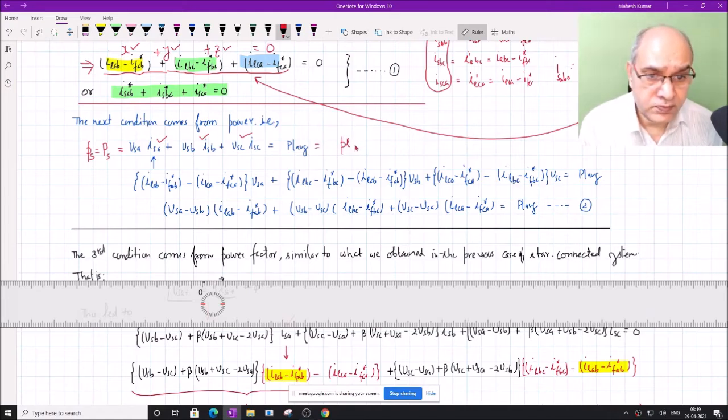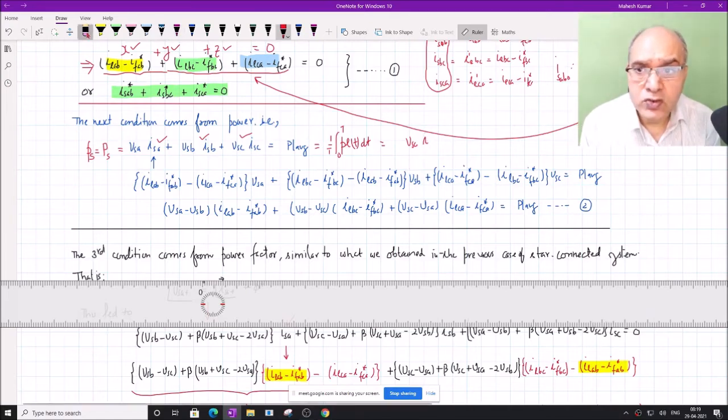If you want, you can simply solve it like this, 0 to T and 1 by T. Or you can have it like this, VSA into ILA equivalent.